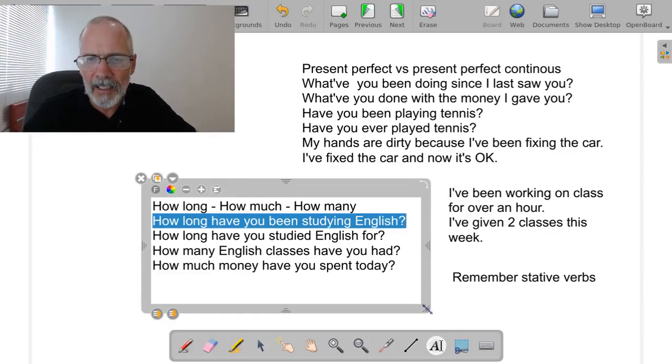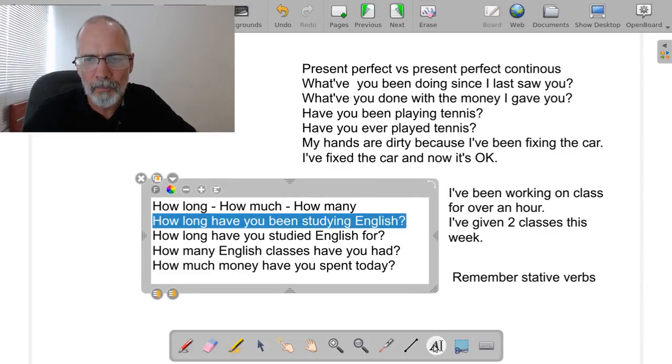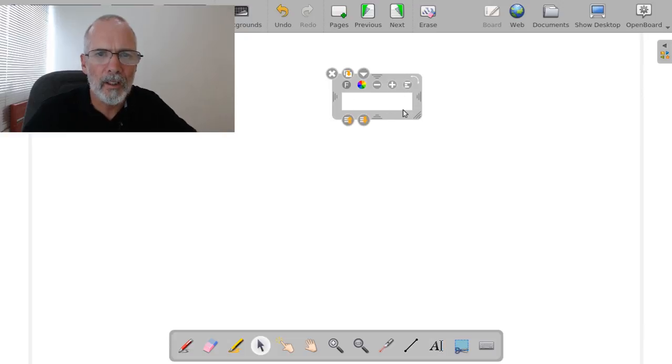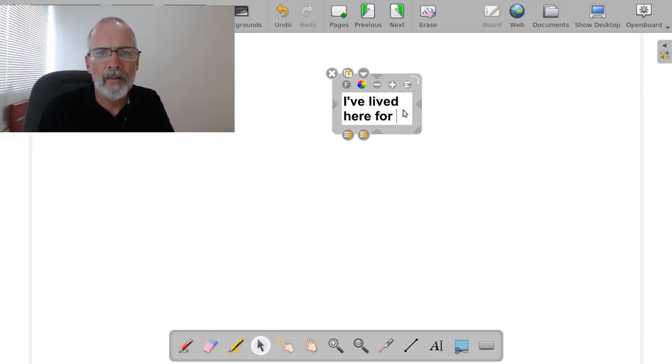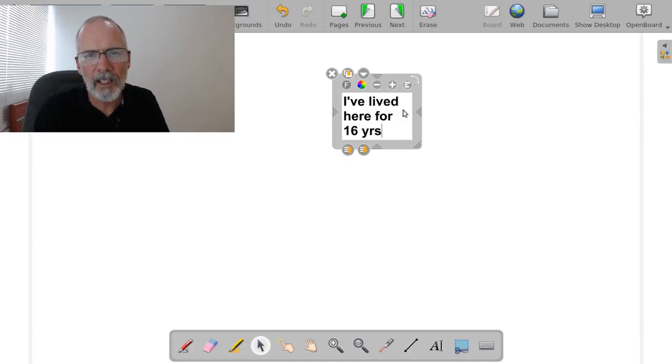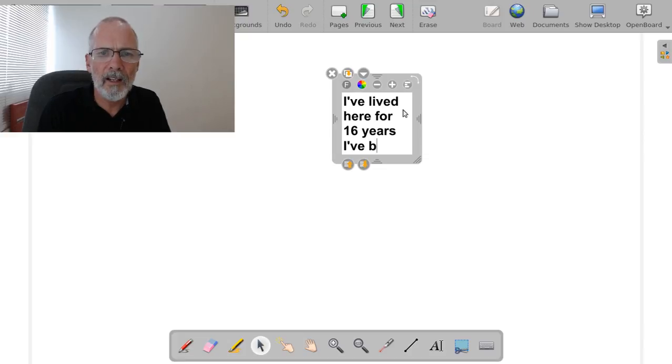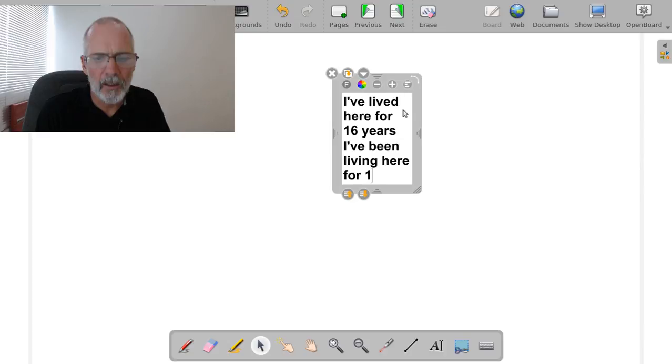In those examples, I think there's probably very little difference. I could say, I've lived here for 16 years, or I've been living here for 16 years.